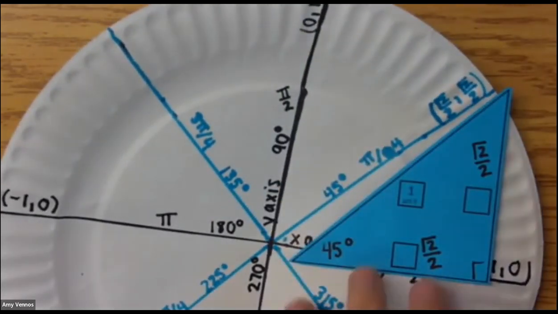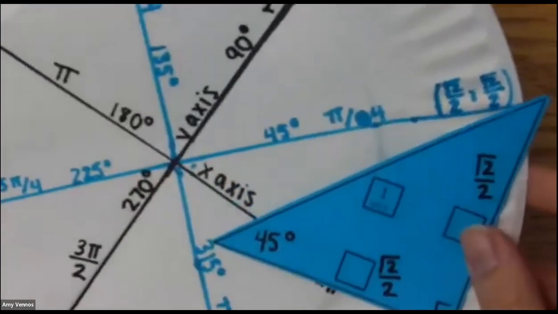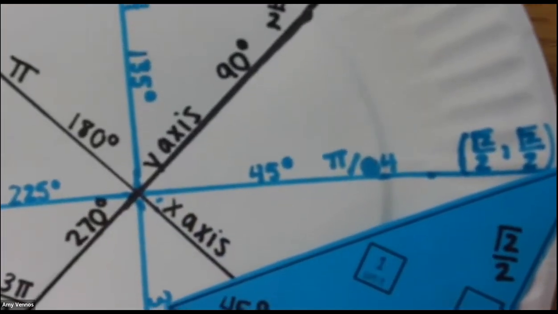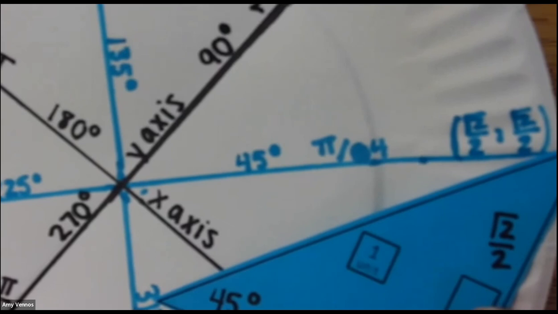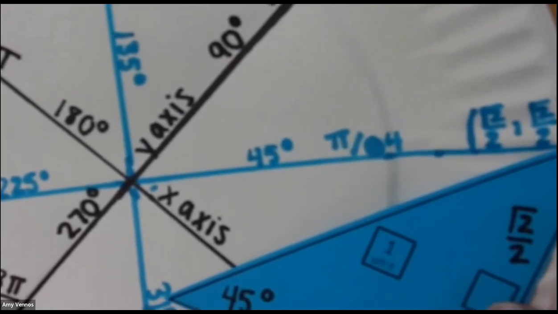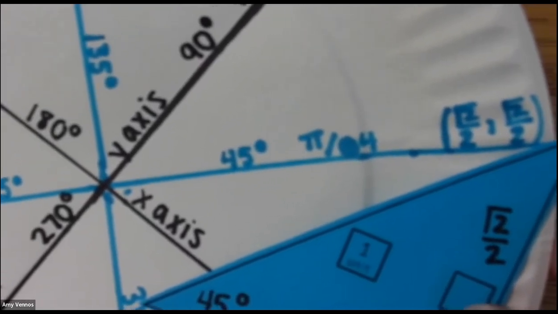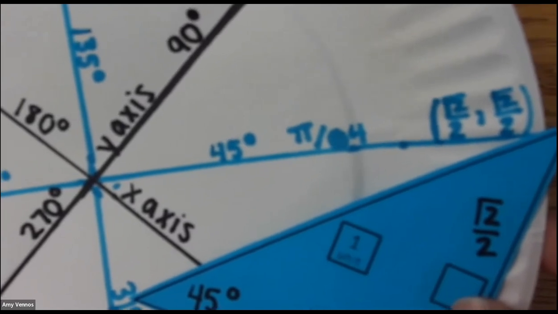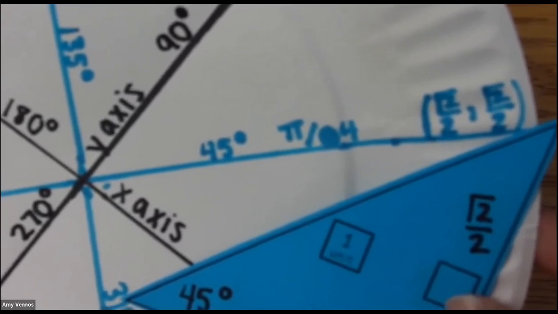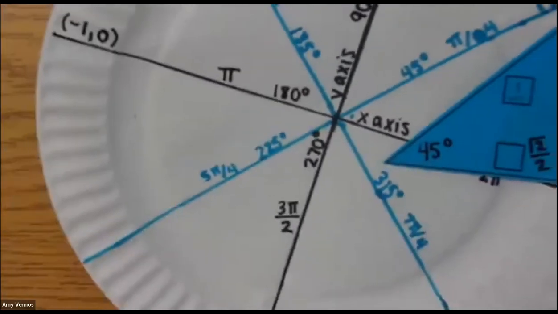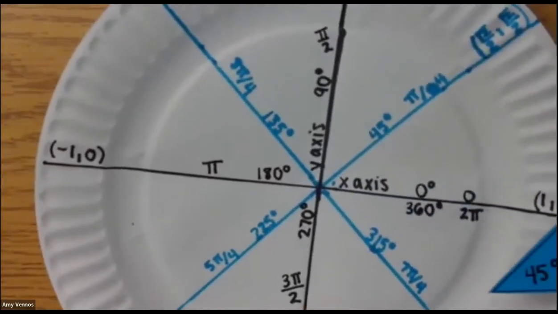I know you can't see that very well. Let me see if I can put it up here a little bit better. Okay. Any questions on what I've just done here?